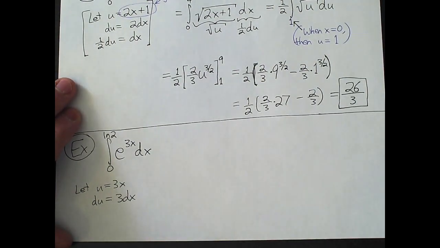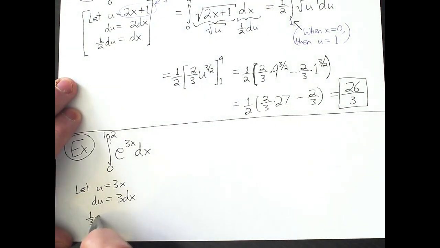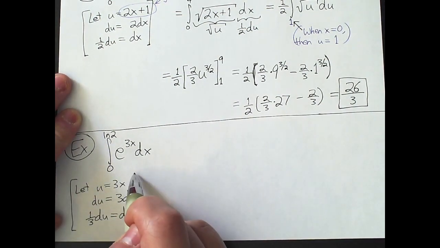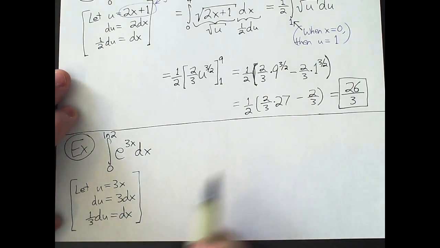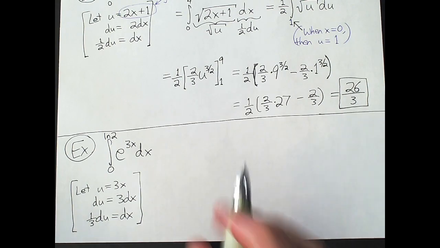The original problem has dx. It doesn't have 3dx. So I'm going to multiply both sides by 1/3. And sometimes I section this off. That's the substitution that we're going to use for this problem. So I think I'll use method 1.